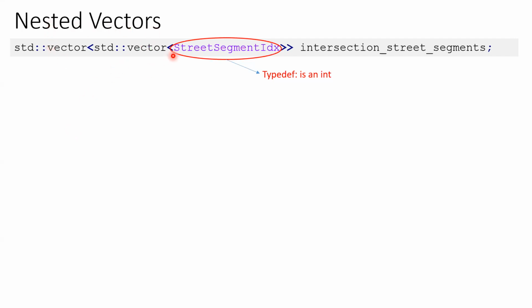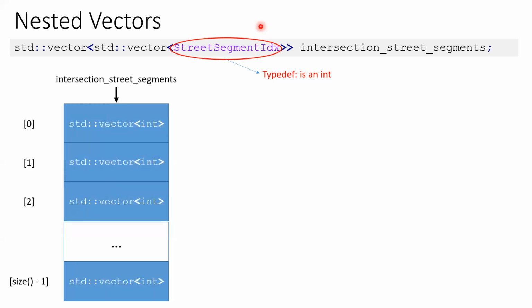So what will this data structure look like? StreetSegmentIndex is an integer type defined. So we have the outer vector going from 0 to the number of intersections, and each of these contains a single vector of integers.